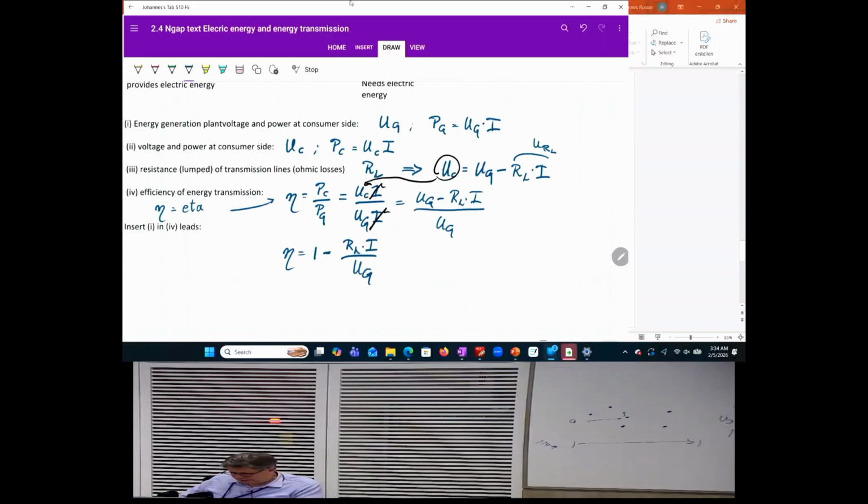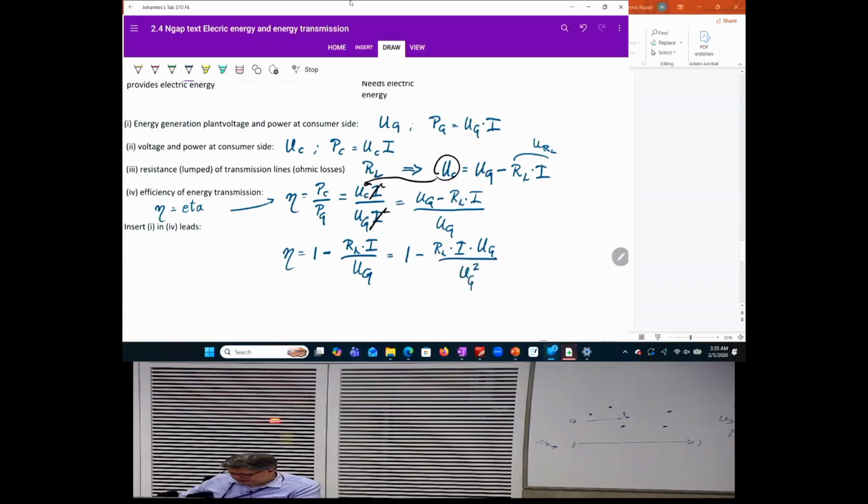UG. Now we can also write that differently because we can expand the second term, RL times I. We can expand it with UG here and make it here also expanded UG squared.